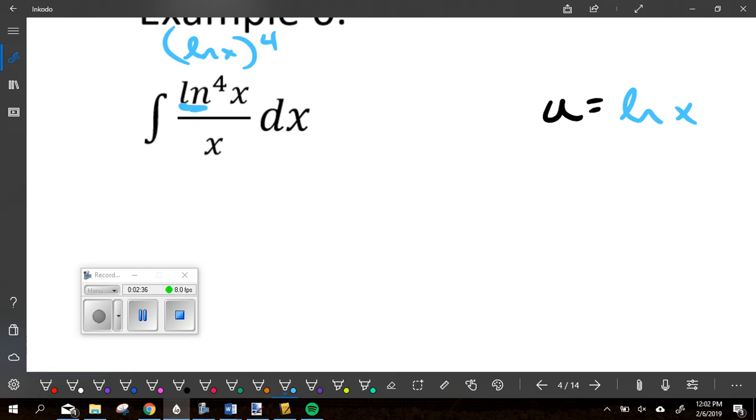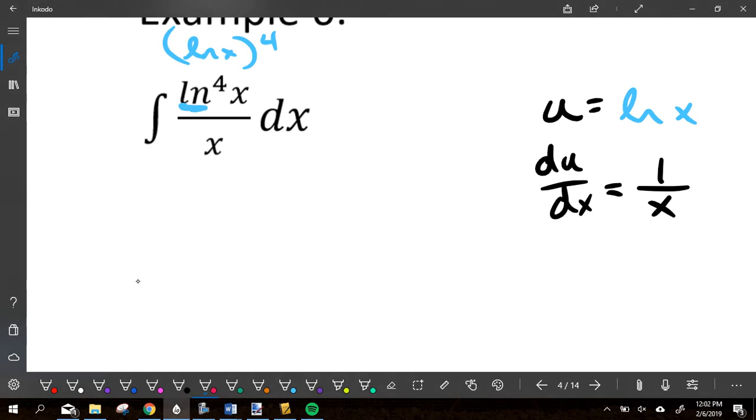If that's my u, we're going to find du dx. Derivative of natural log is going to be 1 over x. Solve for dx. Du dx, if I wanted to solve for dx, Dylan, what'd you do here to solve for dx?